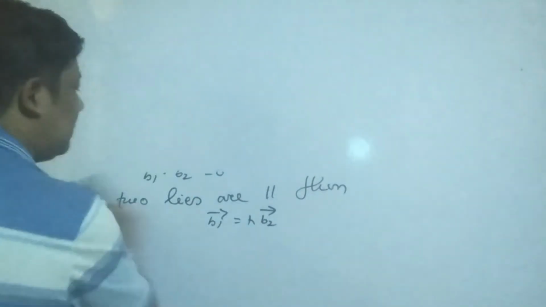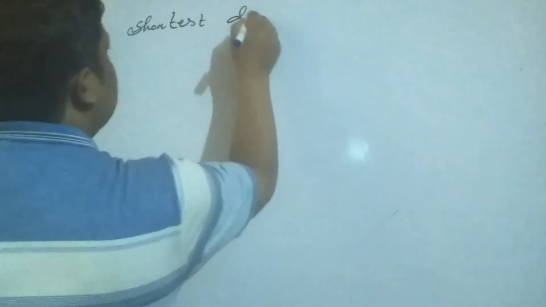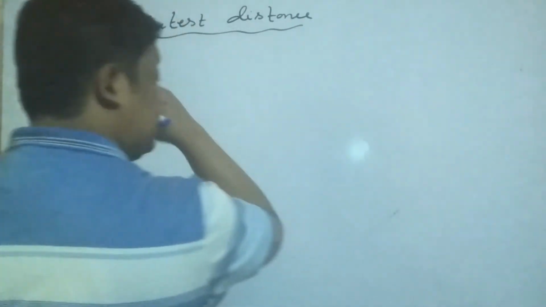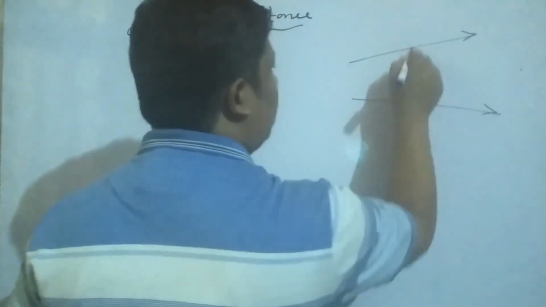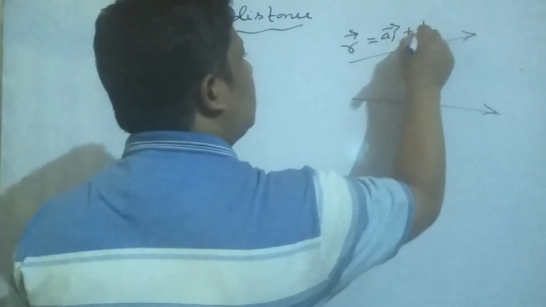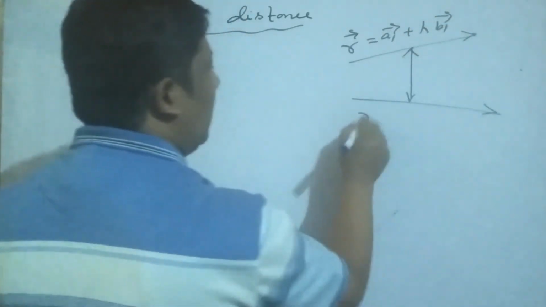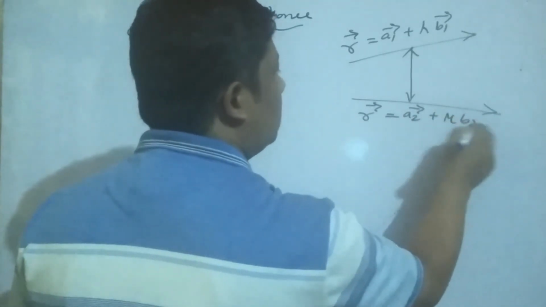Next, if you want to find the shortest distance, then you can use this identity. Suppose it is the line and it is also a line. Line first equal to r equal to a1 plus lambda b1. Line second equal to a2 plus mu b2.